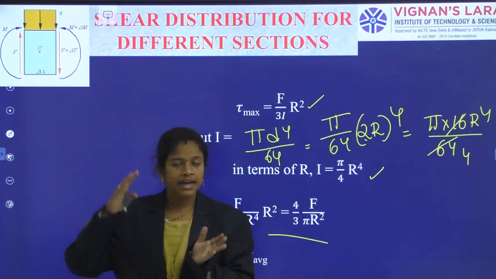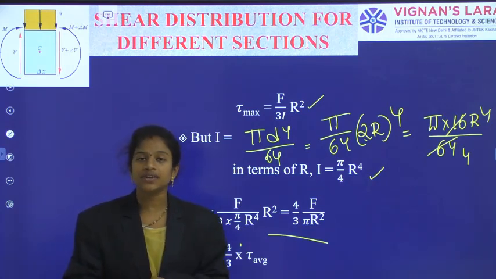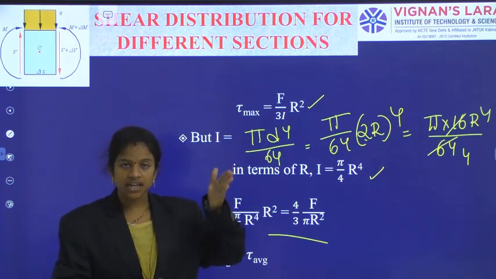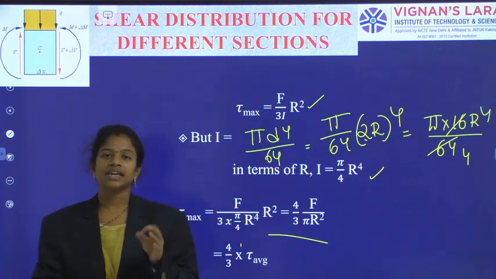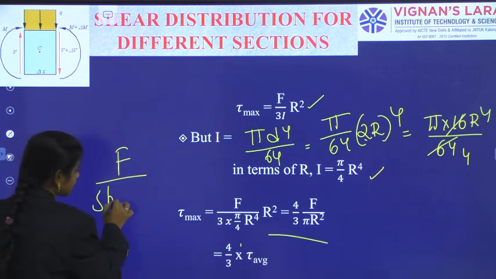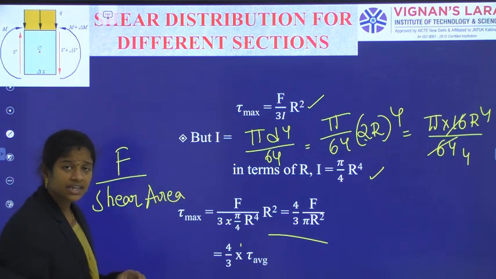And when we go into our basic shear stress definition, what is the basic shear stress definition? Shear stress, or the average shear stress, is equal to shearing force divided by shearing area. So shear force by shear area. What is the shearing area?